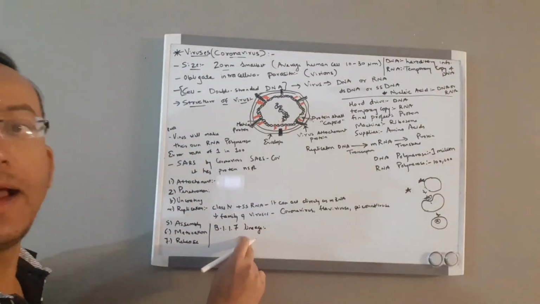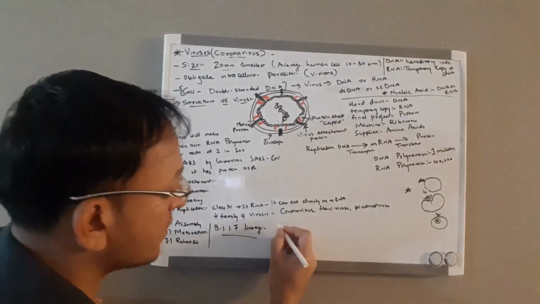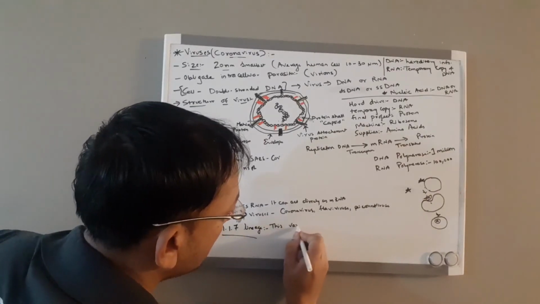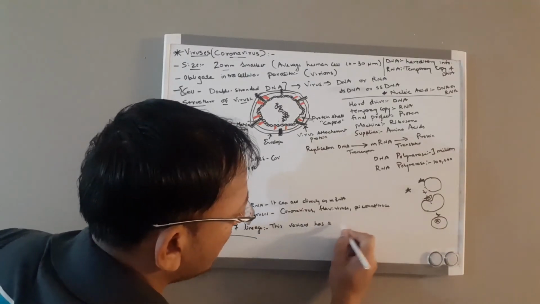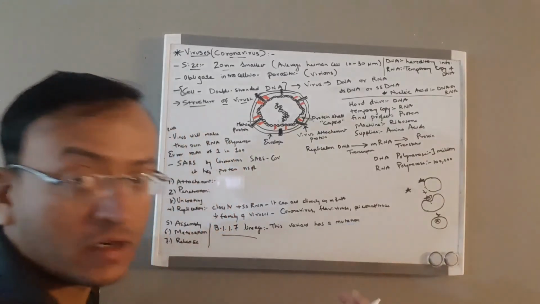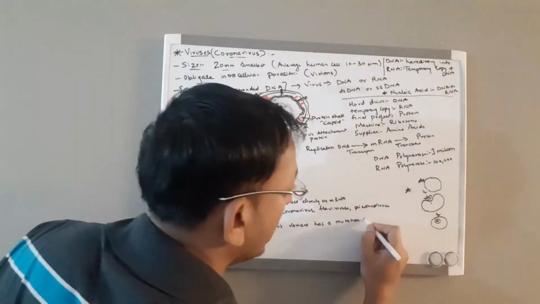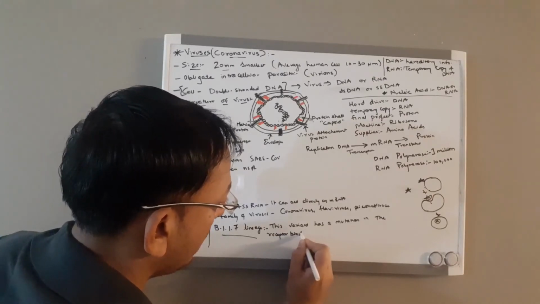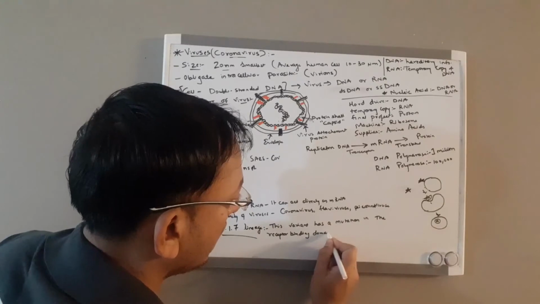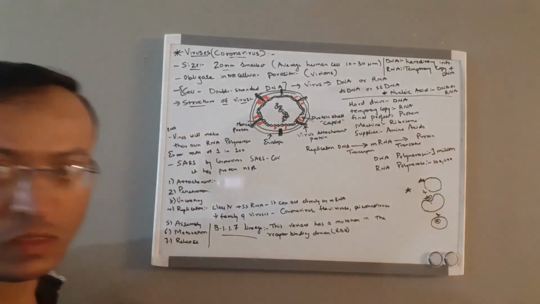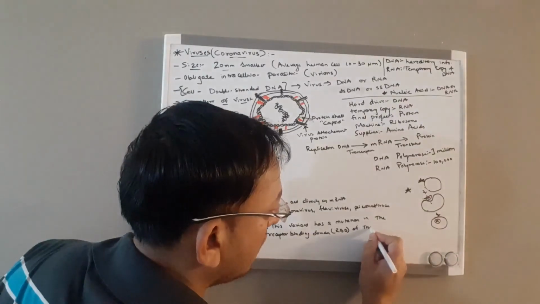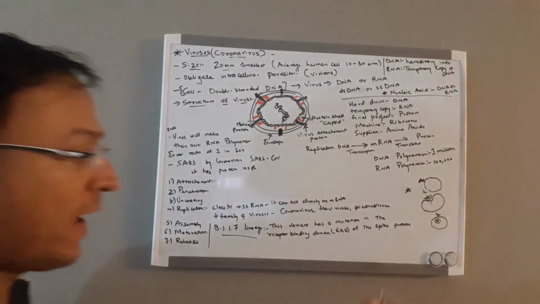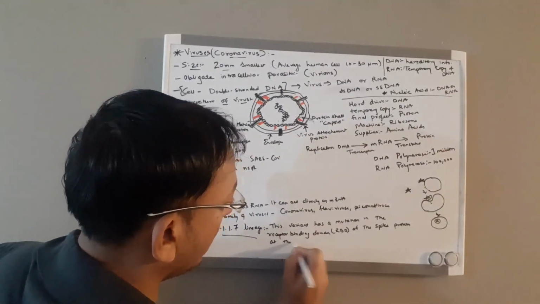This variant has a mutation in the receptor binding domain, also known as RBD, of the spike protein, at position 501.